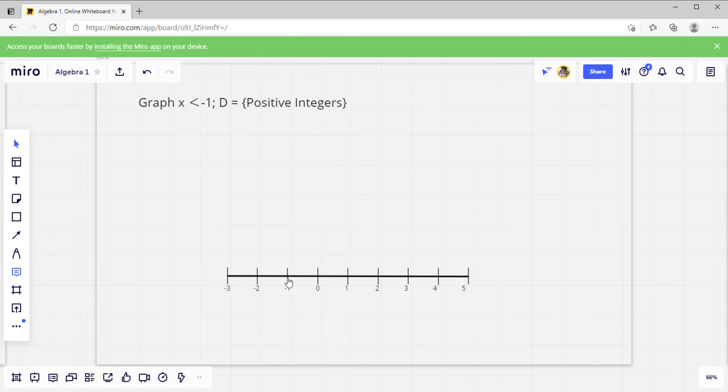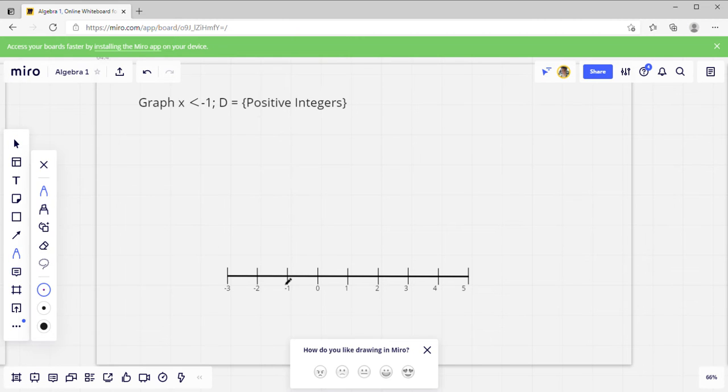X is less than negative 1, and this has to be positive integers. For this one, everything that's less than negative 1 would be down here, right? But this is positive integers. There are no positive integers that are less than negative 1.